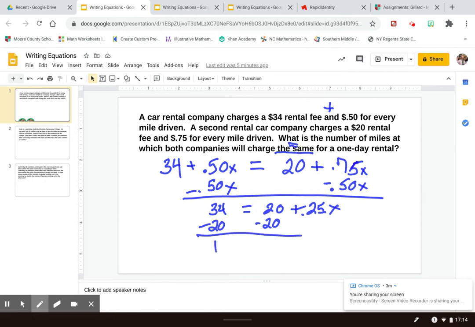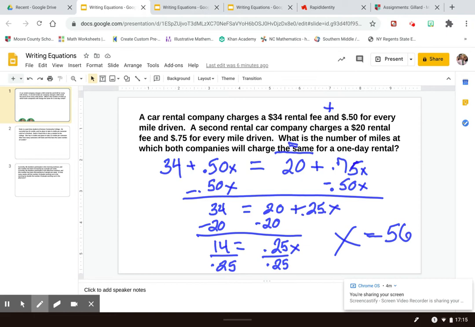So now I have 14 equals 25 cents X. So then the next thing I'm going to do is divide both sides by 25 cents. So 14 divided by 0.25 equals 56. So I can answer the question by saying that after 56 miles, both companies will charge the same for the one-day rental.